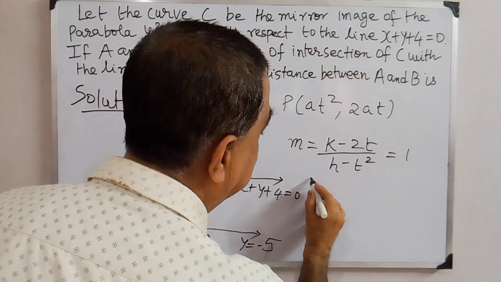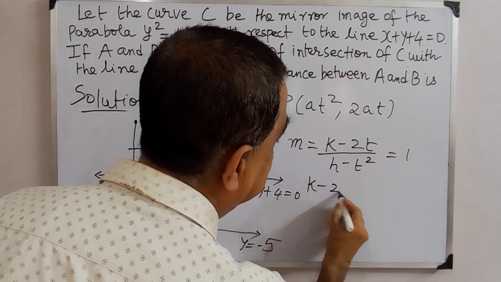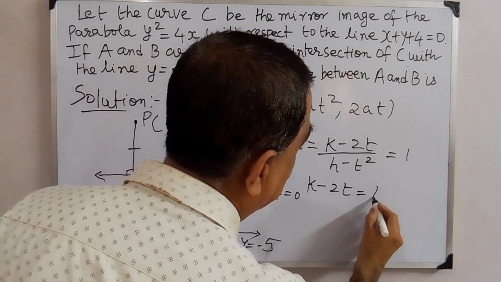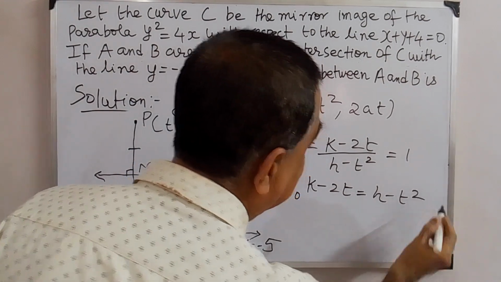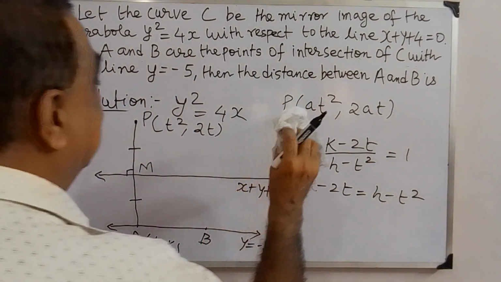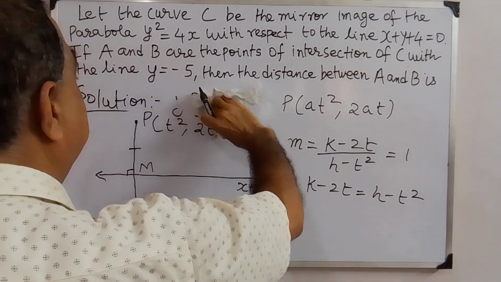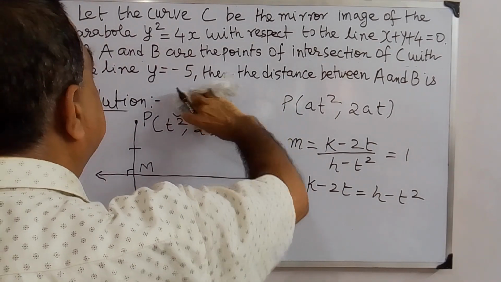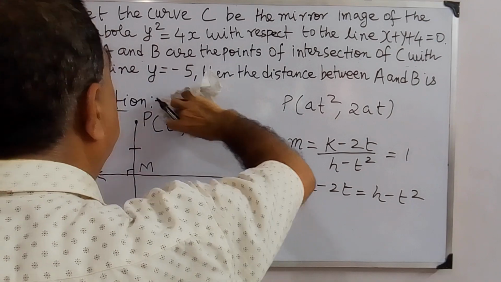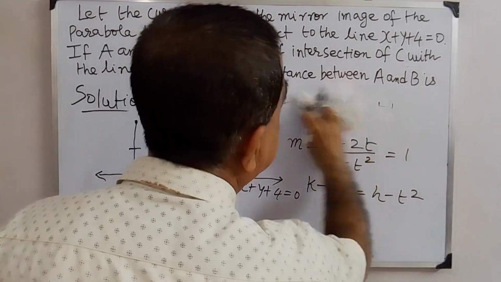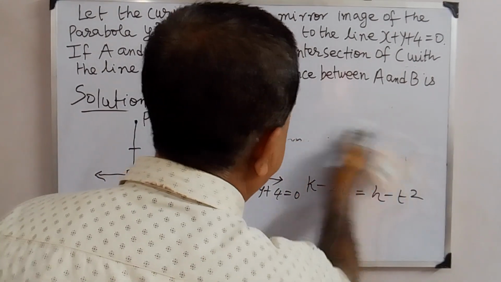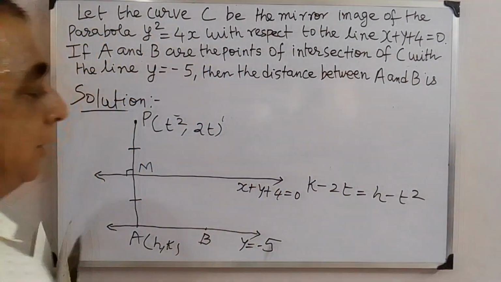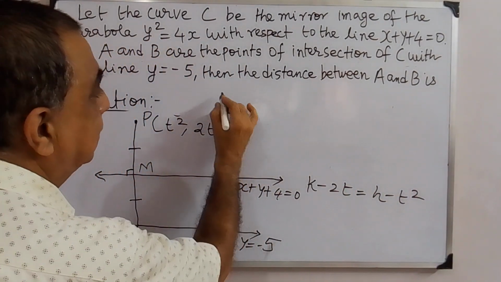So now from here we get k minus 2t equals h minus t squared. I am writing this equation here, bringing every term to this side.